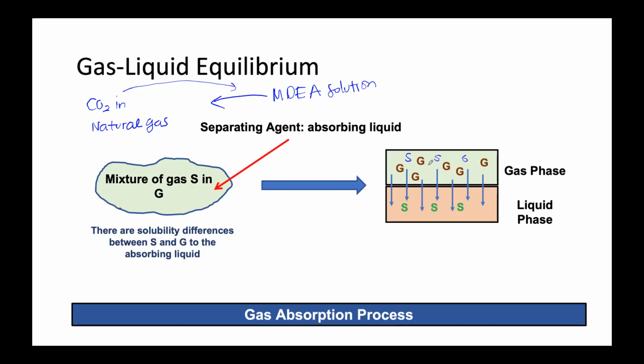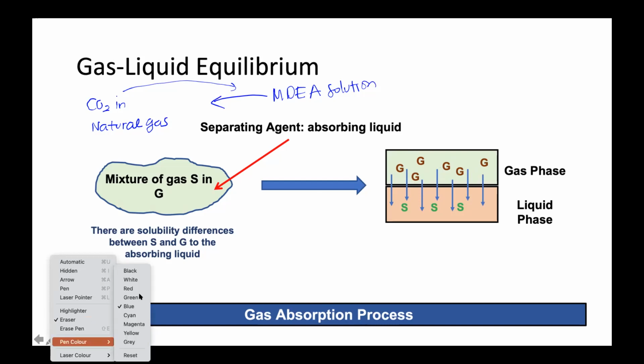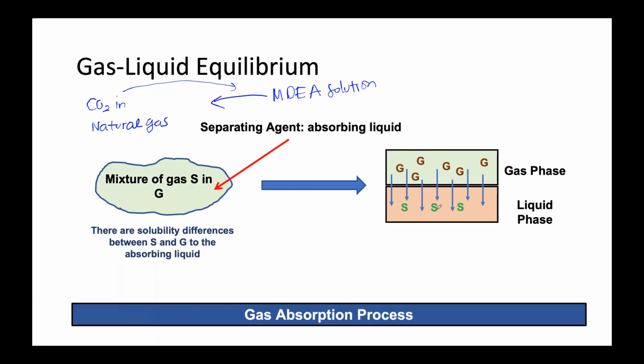After a while, the CO2 in the natural gas will be absorbed by the MDEA solution, and then we will release the natural gas, which is clean natural gas with no or very little CO2.